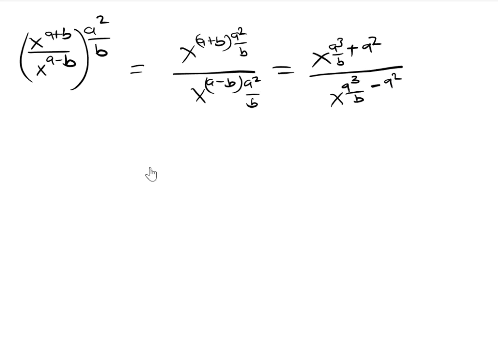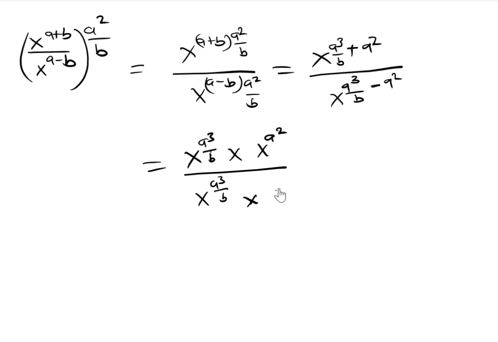Then simplifying this further, we have x to the power a cubed divided by b, multiplied by x to the power a squared, divided by x to the power a cubed divided by b, multiplied by x to the power minus a squared.